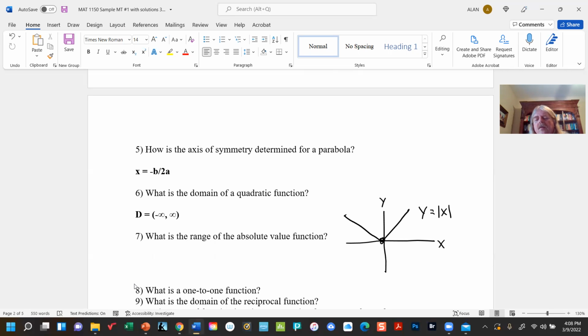So with this type of function, y can be 0 and anything positive, it can never be negative. So what you're going to end up with is range is [0, positive infinity).